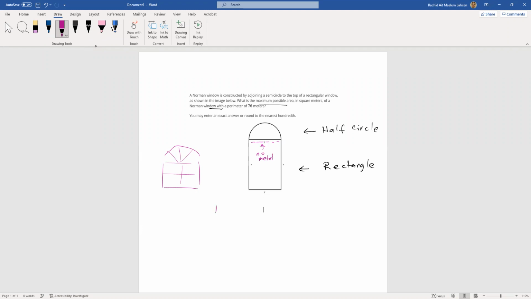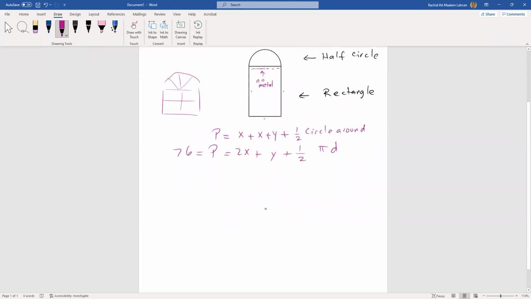So when we look at the perimeter, you have x and y, and going around the half circle. Going around the circle is pi d, which is the circumference. So this half, and a y and a 2x. And this is a 76 that we're given as a constraint.